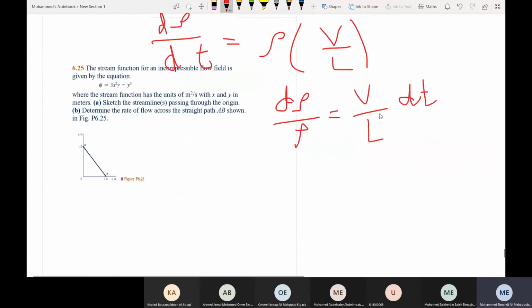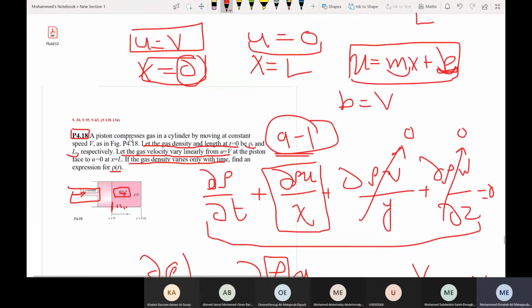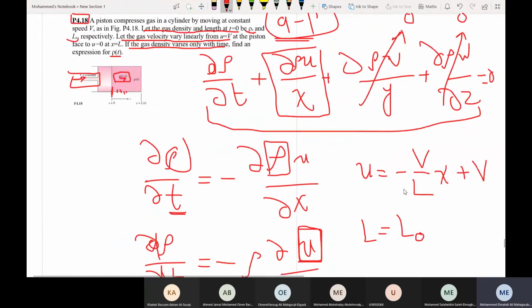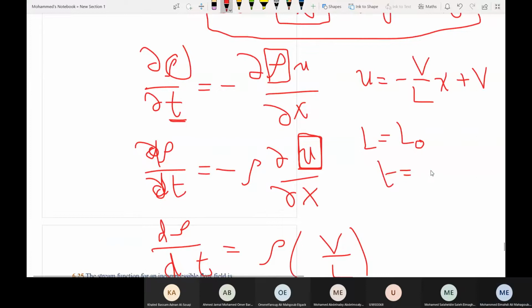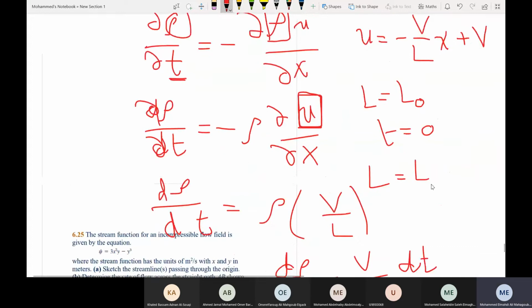Now again, I need to get an expression for the position of the piston that includes time. How can I do that? Using the same boundary conditions. My L is equal to L naught at time equal to 0, which is the b, same as there, L naught.